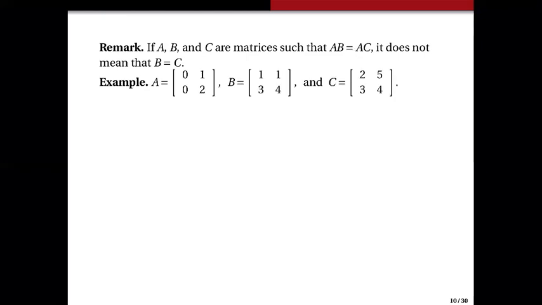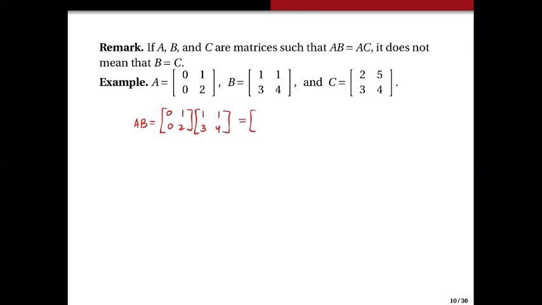So for example, you have these three matrices. Obviously you see B and C are not equal: here you have 1, but here 2. So they are no longer equal. But let's check. What is AB? We have here 0, 1, 0, 2, multiplied by the matrix B, which is 1, 1, 3, 4.